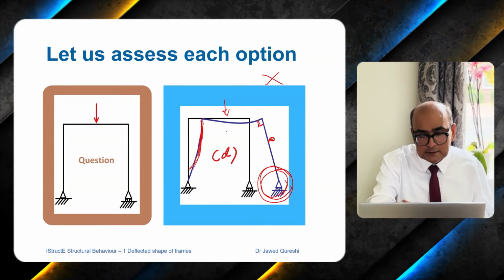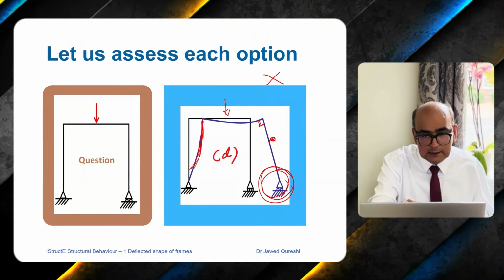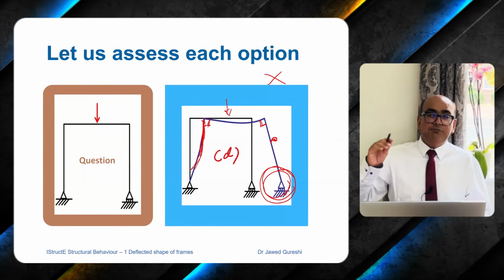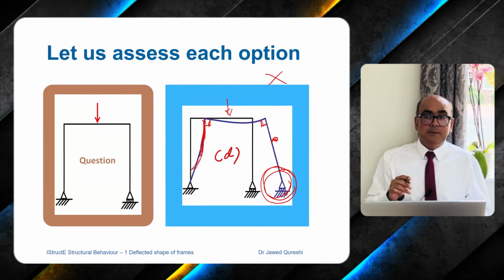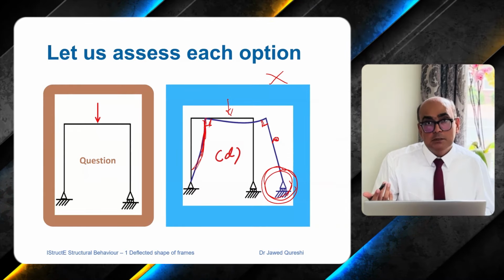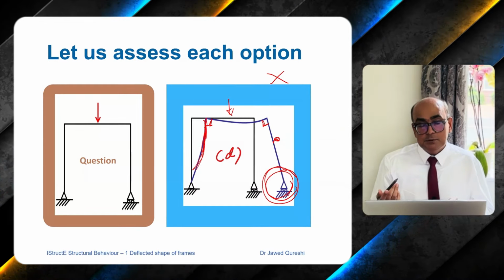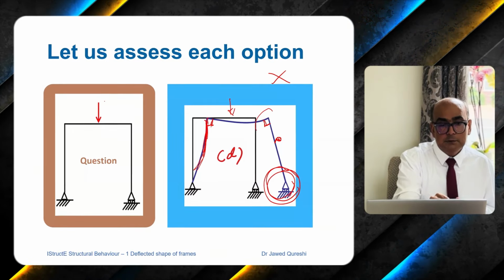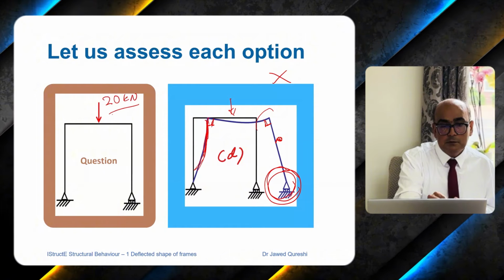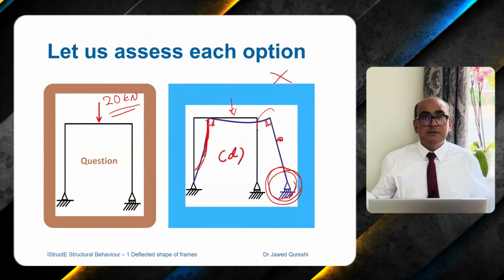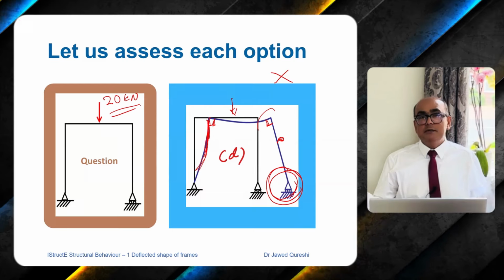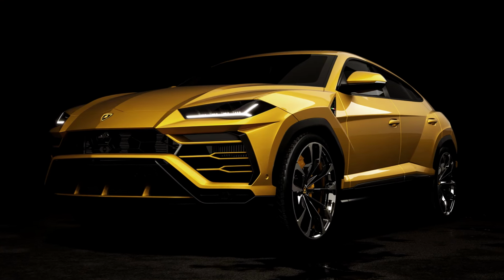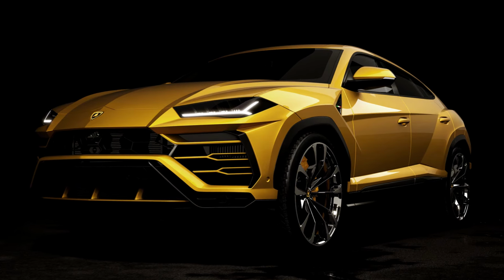This is 90 degree, this is fine, and I think that here the angle should be 90 as well, but the deformation should not happen here. Now in what situation could we have this deflected shape? In a situation where, for example, this load is 20 kilonewton. 20 kilonewton means 2 tons. That is roughly the weight of any SUV car, Lamborghini Urus or any other SUV.